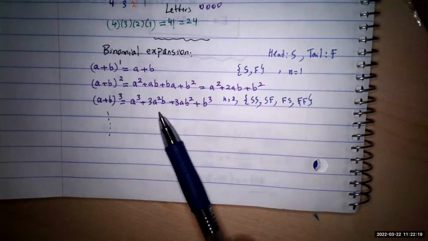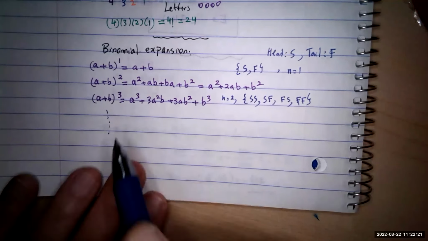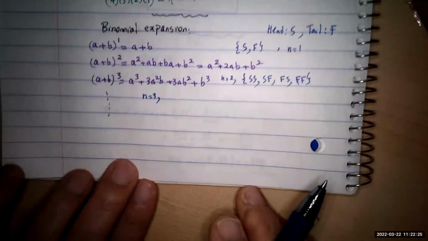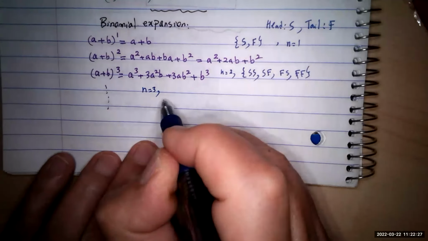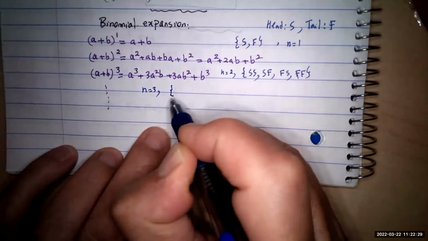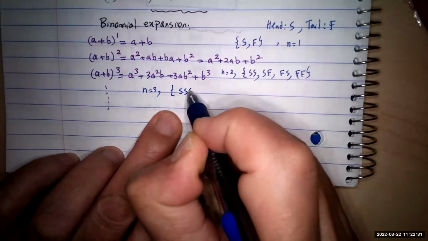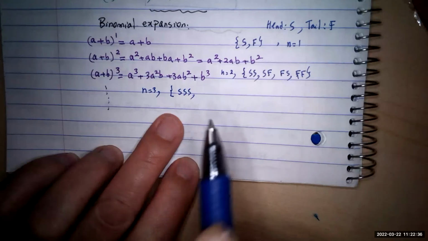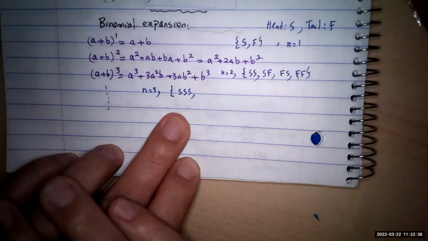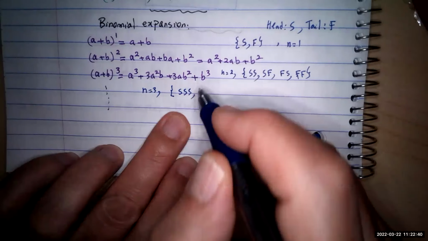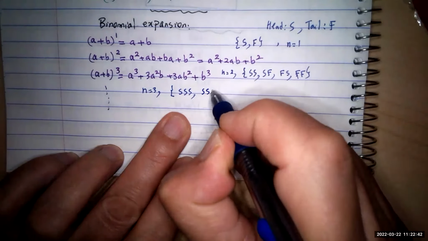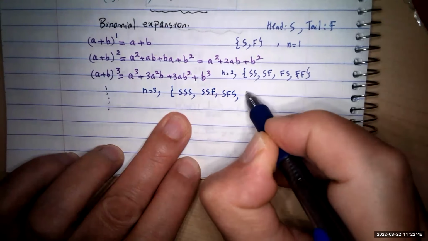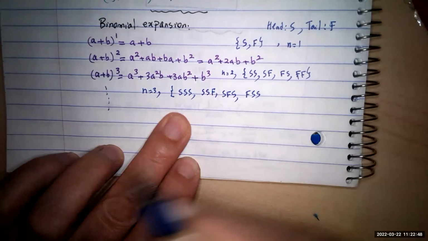If you toss a coin 3 times, what are the possibilities? You have 8 possibilities. It's going to be success, failure, success, failure, success, failure, success.